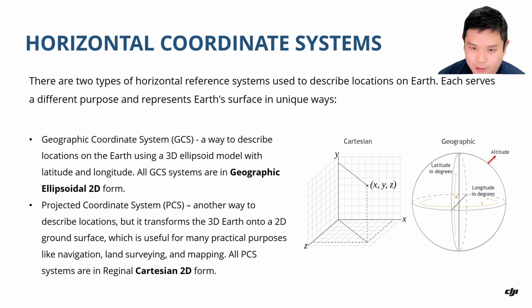When you're trying to pinpoint the location of your target, it uses latitude and longitude. The second method is called the projected coordinate system, PCS, which instead of using an ellipsoid, uses Cartesian XYZ axes to determine the location of your target in 3D space.